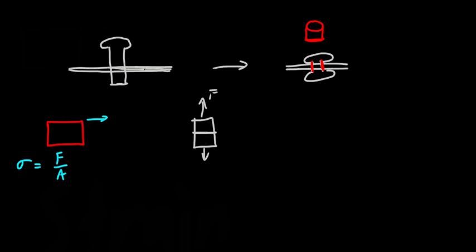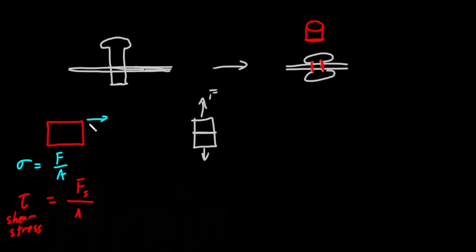Likewise, we are going to have a similar situation for shear stresses, where we get the shear stress, and that's going to be given by the shear force divided by the cross-sectional area.